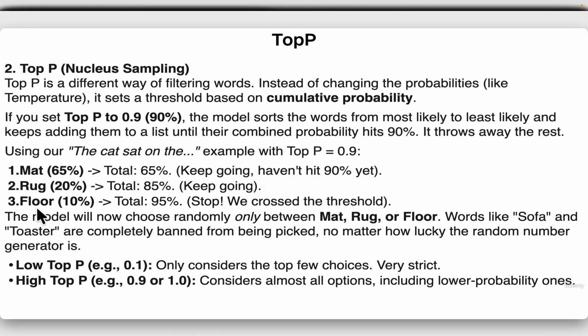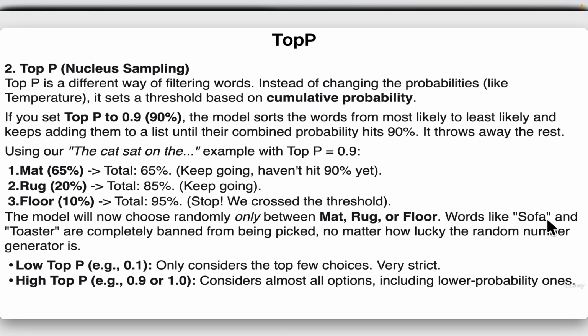Let's say the next word is "cat sat on the floor", and this appears 10% of the time in the complete corpus. So now we have hit 90%. Then we stop, and between these three words it will pick one of them. So the model will now choose randomly only between mat, rug, or floor.